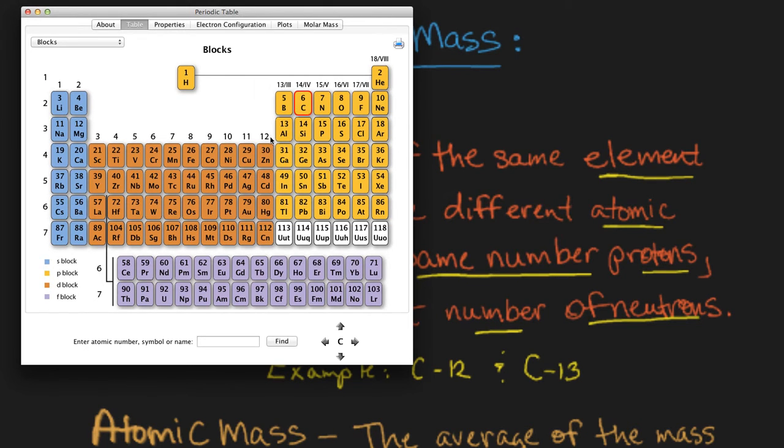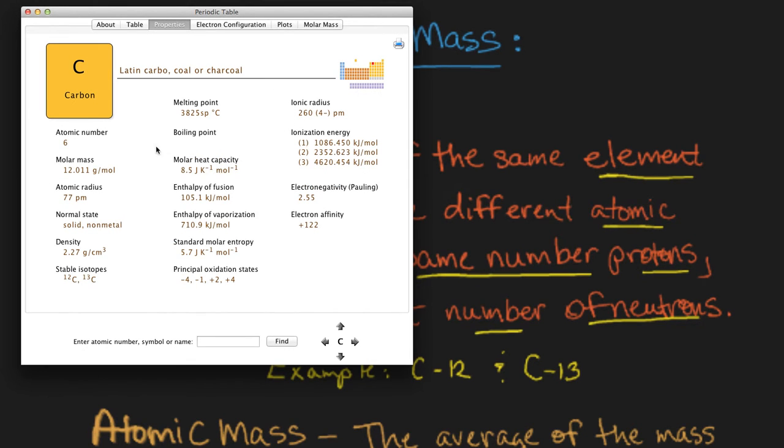So that 12.011 there is taking into account the fraction of the carbon-12 times the mass of 12 plus the fraction of the carbon-13 times the mass of 13. And as you can see, the proportion is drastically in the favor of carbon-12. That's what allows us to get that average atomic mass.